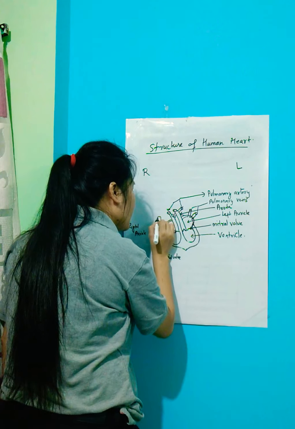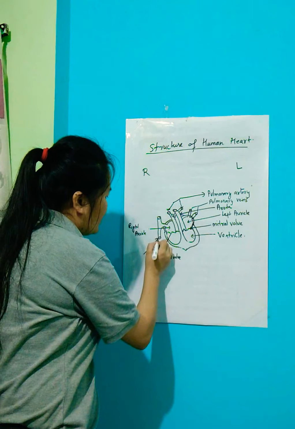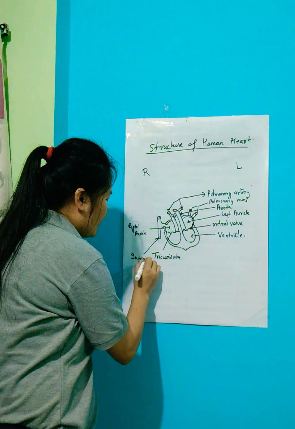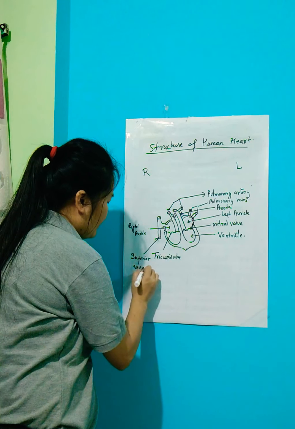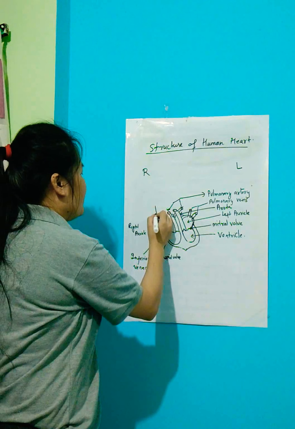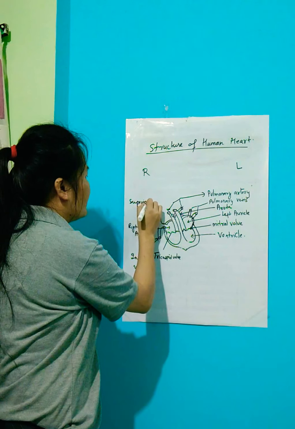There are 2 vena cavas. The lower one is known as the inferior vena cava, whereas the upper one is known as the superior vena cava.